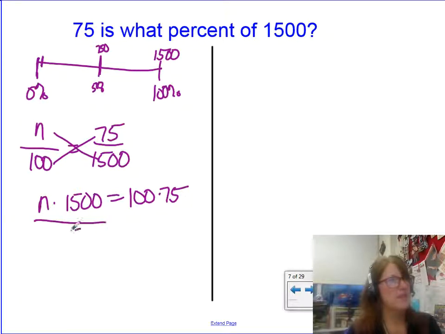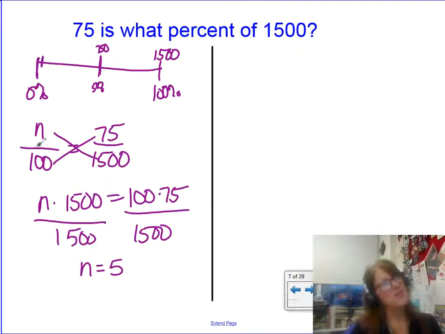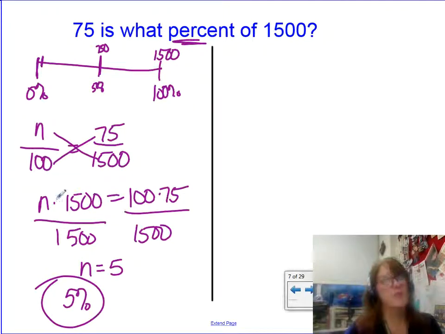Okay, and then I'm going to divide by 1500. And you get a number like 5. Now realize 5 sits here in my proportion, 5 out of 100. So my answer would be 5% because I'm looking for the percent. That's proportion way. Here's equation way, which is why I think this becomes a whole lot easier.